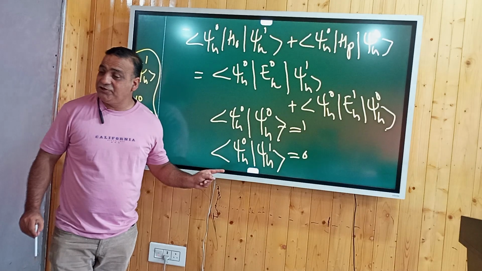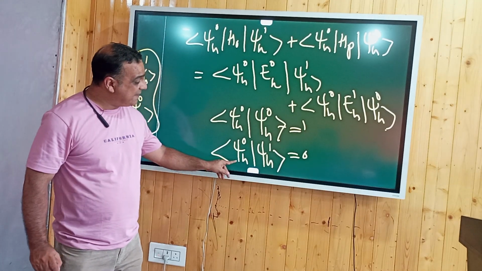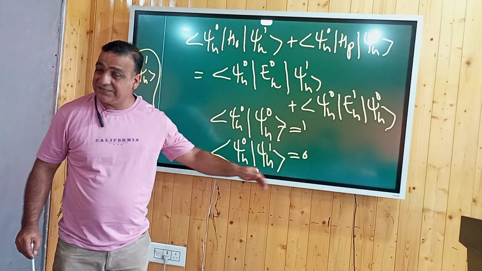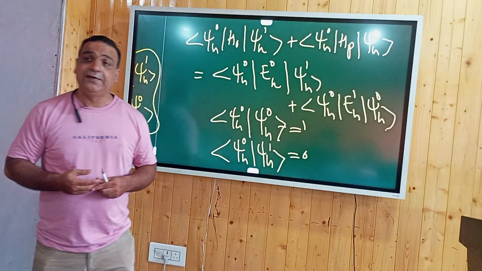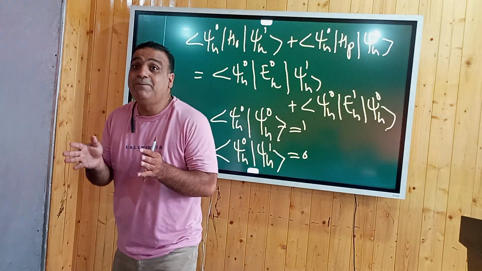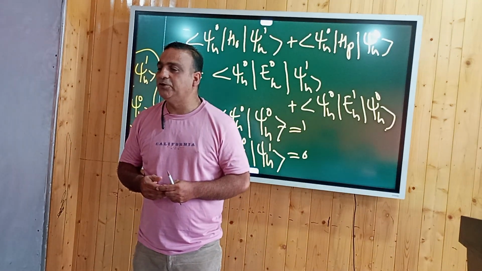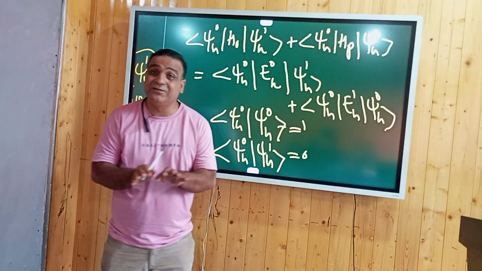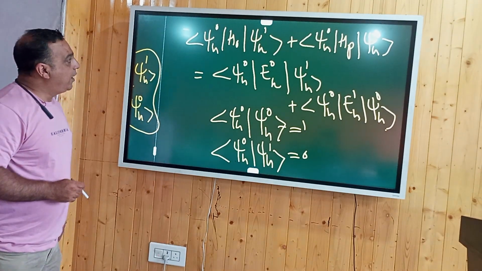The point to understand is that you have the same basis. When you have the same basis and you have 0 and 1 states, they are orthogonal to each other and their value is 0. But if you have the same framework and you have different bases, in that case you cannot equate this to 0, if you have two different bases for the same problem. Getting my point?